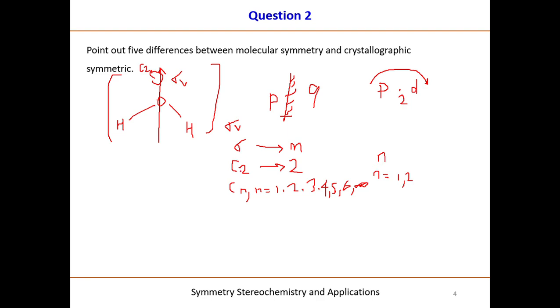As I told you, for C2 we write 2. So for Cn axis we write n, and n is equal to 1, 2, 3, 4, 6 only.